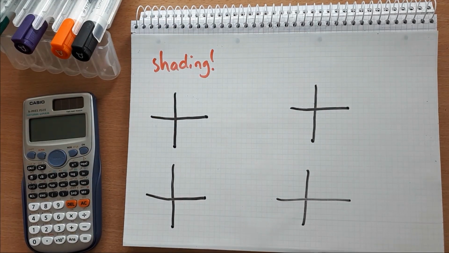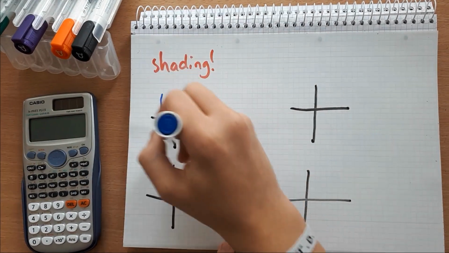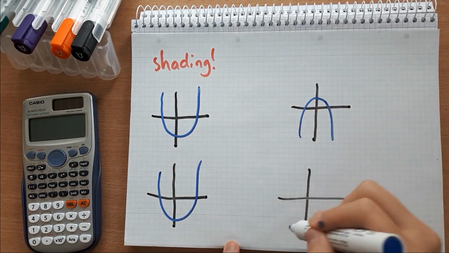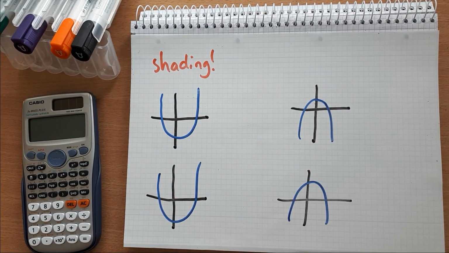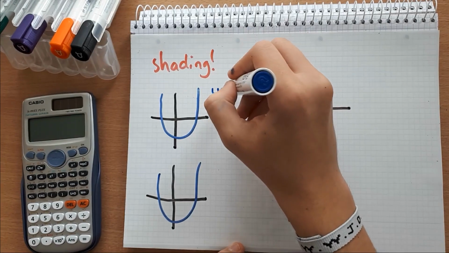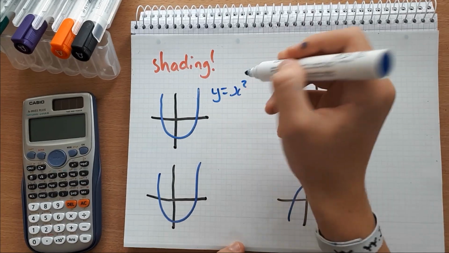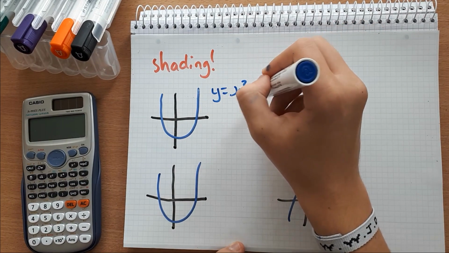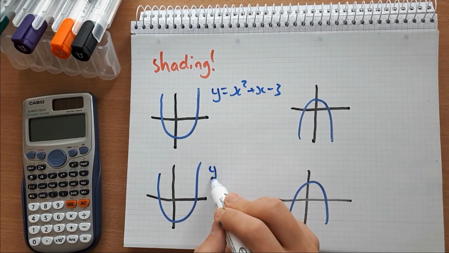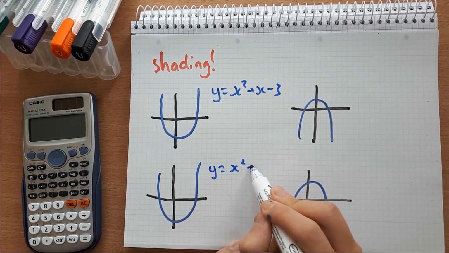I'll draw a curve like this, so same curve. Then the negative curve there, this curve is called y equals x squared plus x minus 3.